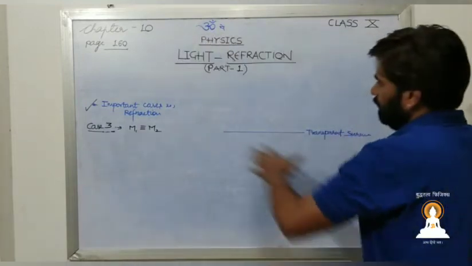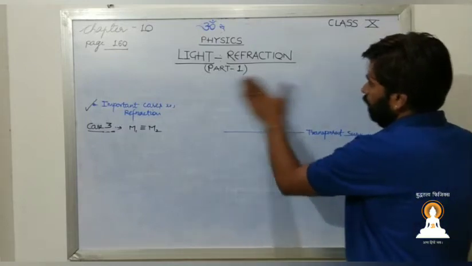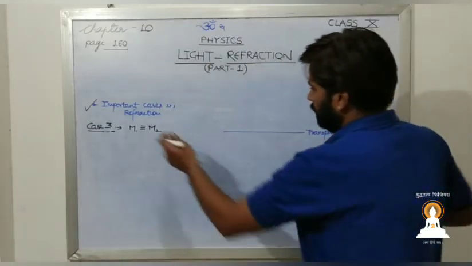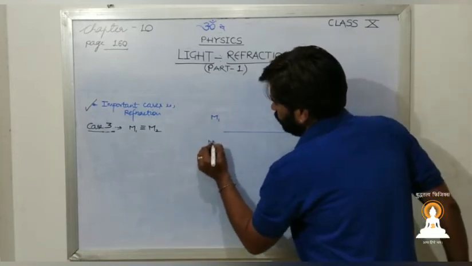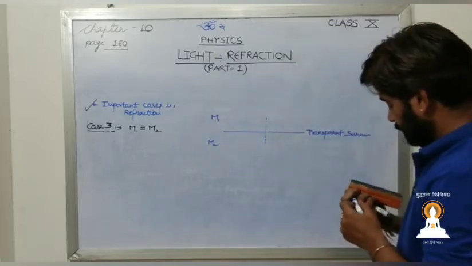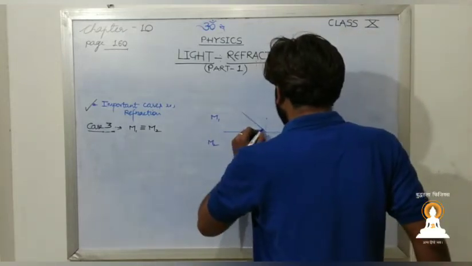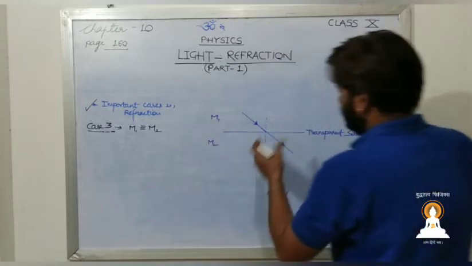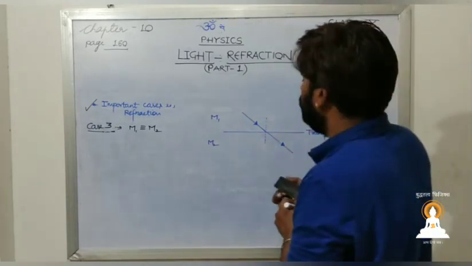This is the case where medium 1 and medium 2 both are the same. When M1 and M2 are the same, suppose this is the straight line, then a particular ray of light will simply move in a straight line, because this boundary is one which we have generated on our own, otherwise medium 1 and medium 2 were the same.